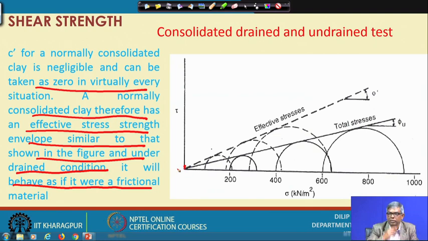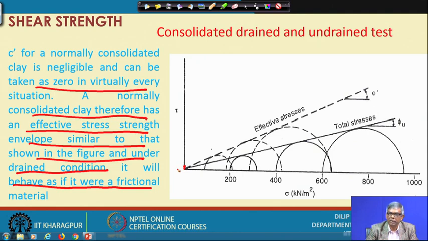This is the thing we have to always consider: if there is a problem and the drained condition is mentioned, then automatically one point is indicated, that your failure envelope is passing through the origin, and then the relevant calculation can be done. And as I have mentioned, the consolidated drained test is the best one, but it takes time.